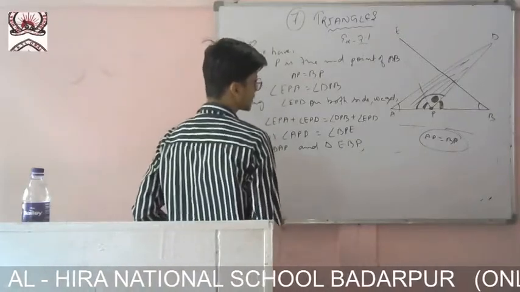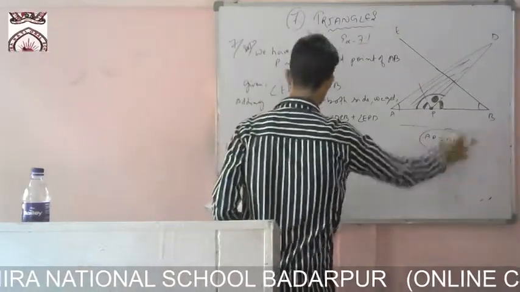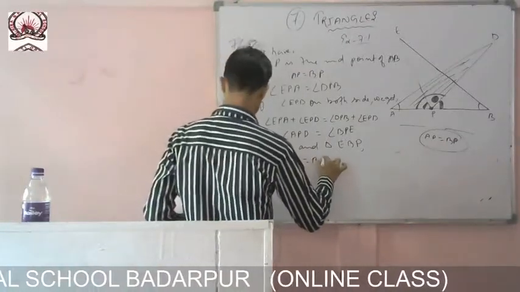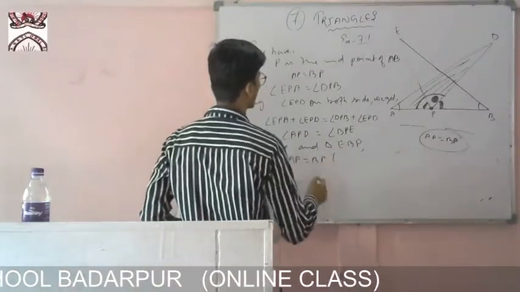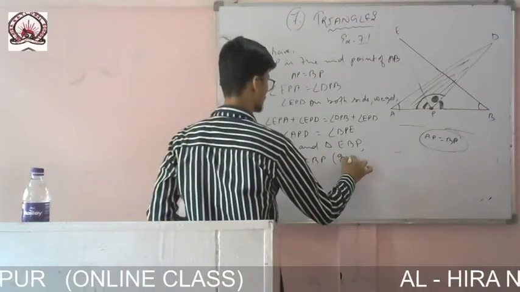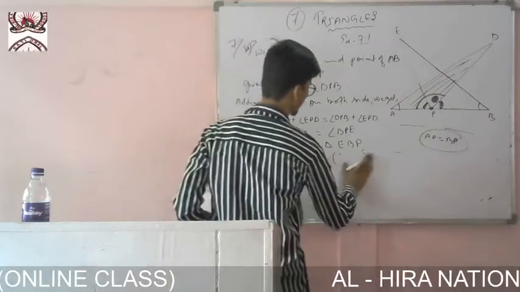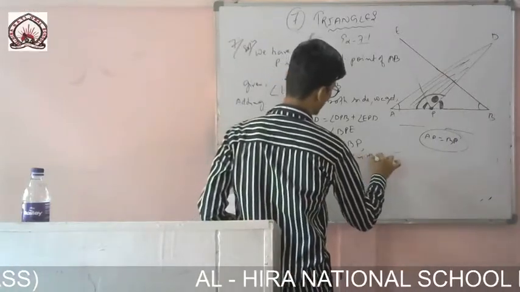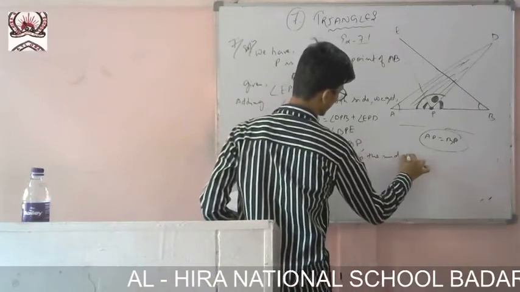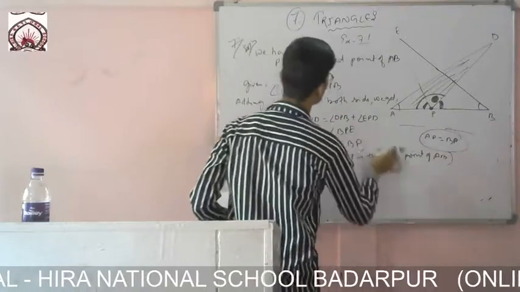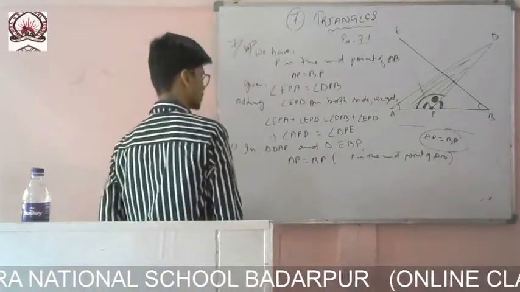So you see, first of all, AP is equal to BP, given. You can write given, or since P is the midpoint of AB, or actually we have proved it earlier, so it's okay.